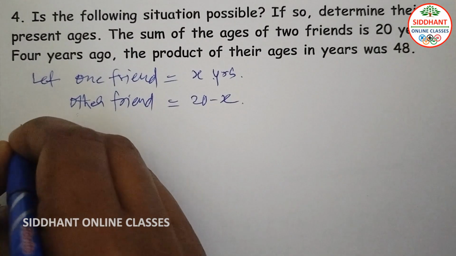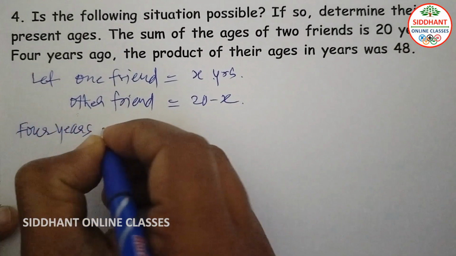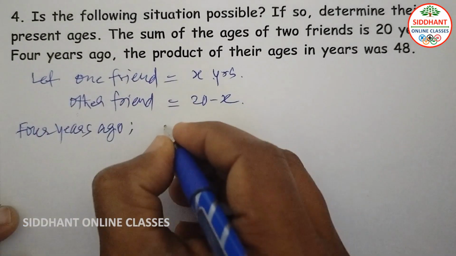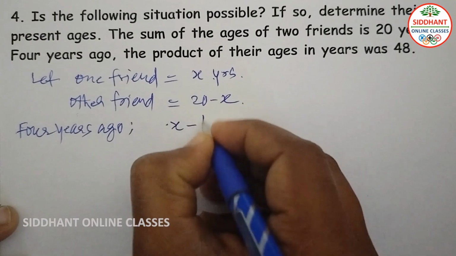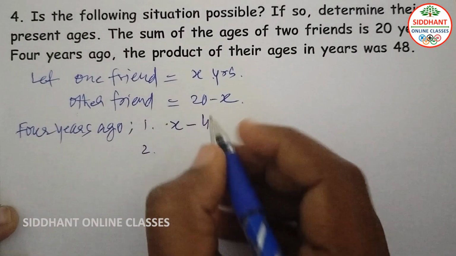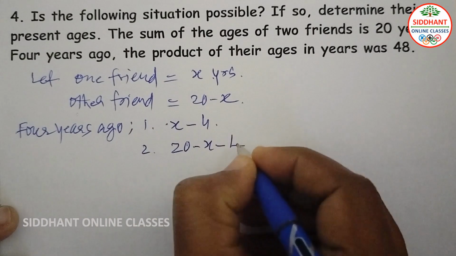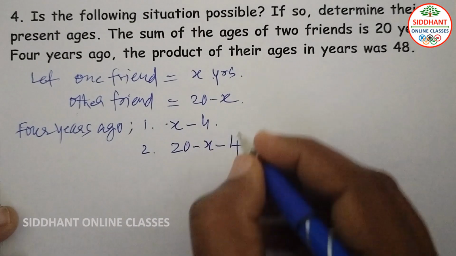4 years ago, when you are going to see, the first one's age will be X minus 4. Second one, the other friend will be 20 minus X minus 4, that means 4 years ago, means minus 4 years we are going to take.